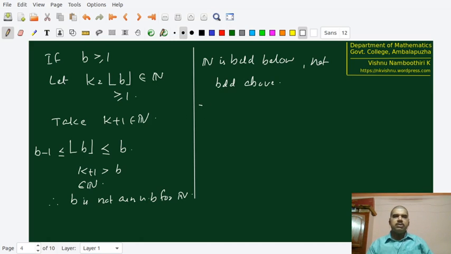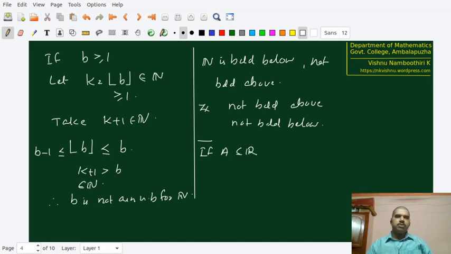But if we consider the set of all integers, this is not bounded above and not bounded below. If a subset A of R is bounded above as well as bounded below, we say that A is a bounded set.